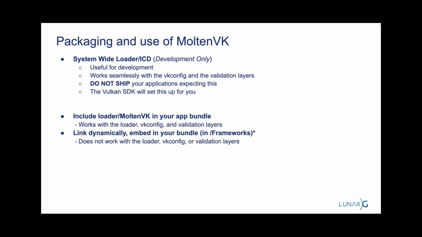You put it in your frameworks folder and just link directly to MoltenVK. In addition to being used by the loader, it also has all the same entry points that the loader does, so you can actually treat MoltenVK like the Vulkan loader. The only thing that doesn't work, of course, is you don't get the validation layer support when you do that, because the loader is not in the middle of there.